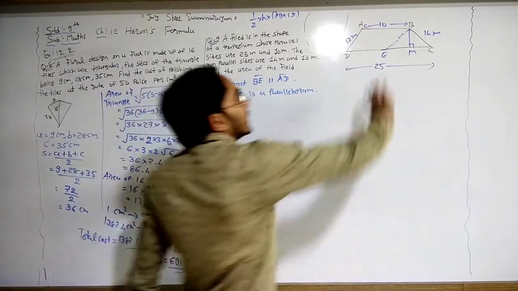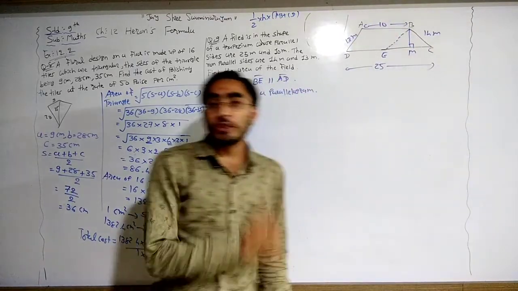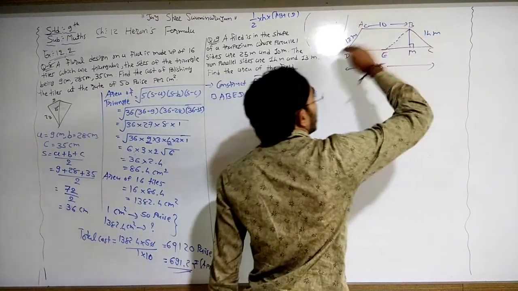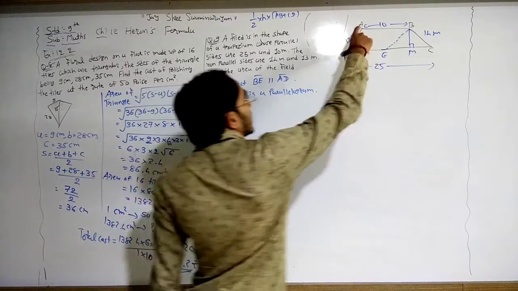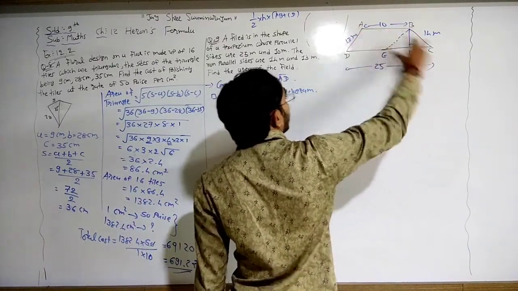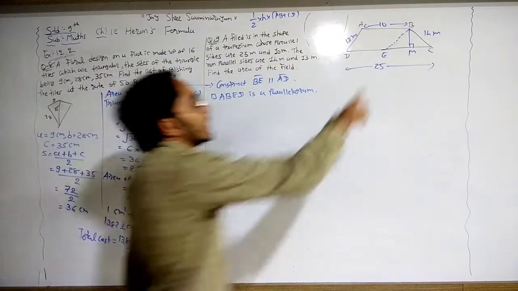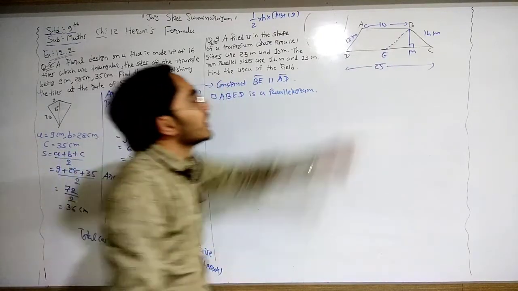Why? Because these two sides are already parallel, AB and CD. Because this is trapezium, and in trapezium one pair is parallel, right? So AB and CD are already parallel sides. Now we construct BE parallel to AD. So this is also parallel. That means both pairs are parallel. So we can say that ABED is a parallelogram, right?